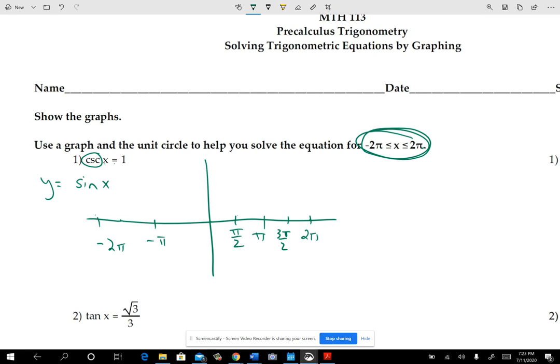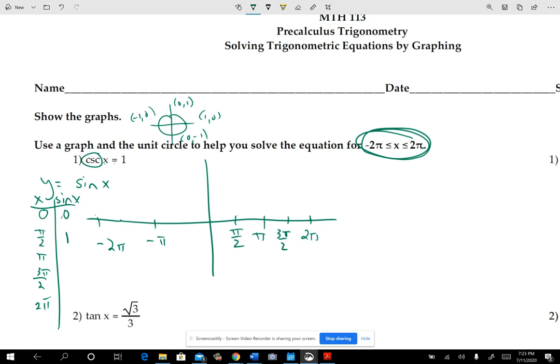Okay, so we know what sine does because we can think about the unit circle. I'll do it right here in those key values. And so then we think about what sine does on those 5 key points from 0 to 2 pi. We know it starts at 0, goes to 1, goes back to 0, goes to negative 1, goes back to 0.